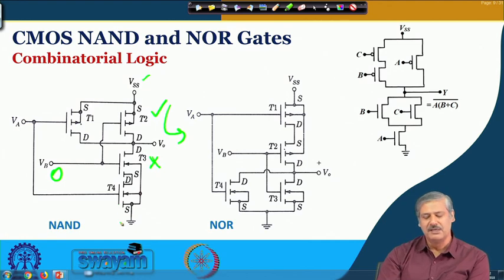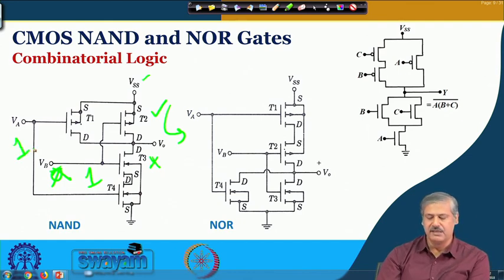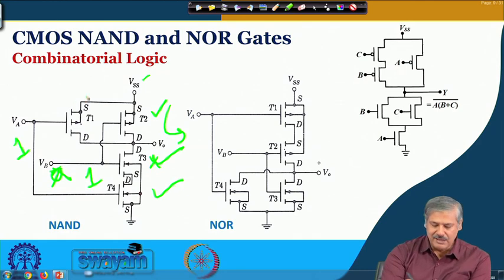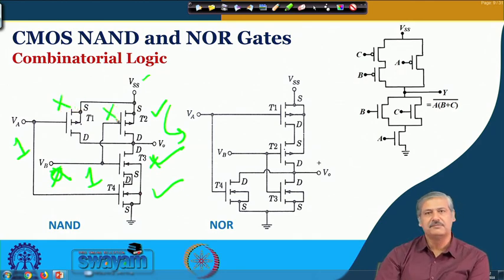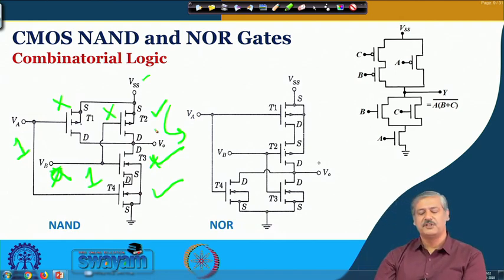Okay. So, that is what happens when both of them are 0, and when both of them are 1, so this is 1 and this is 1 high. So, this is on, right, and this is off as well as this is off. That is how the PMOS will work. So, the ground is available over here. Okay. So, logic low voltage is available. Is it clear? So, that is how the NAND works.